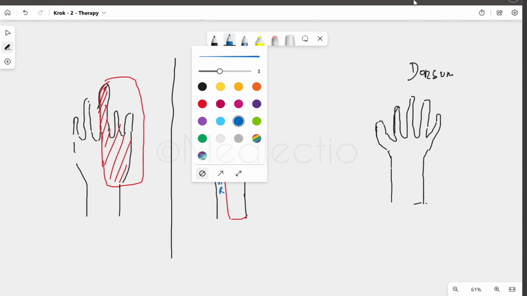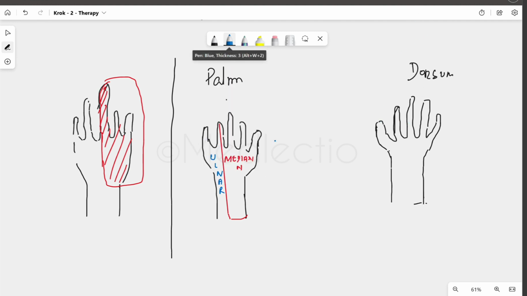Second, we will draw our dorsum portion. This 1.5 portion is supplied by the ulnar nerve.